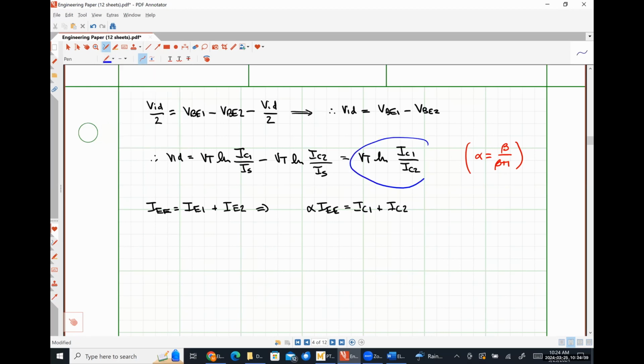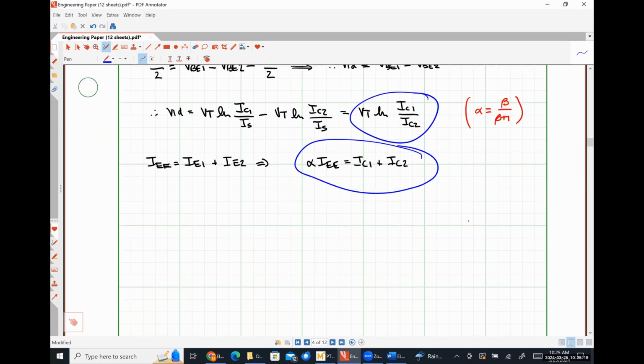We have this expression right here that relates our input differential mode voltage, our thermal voltage, and IC1 and IC2. And then we have this expression that relates alpha, a known quantity, our tail current, IEE, and IC1 and IC2. So we have two equations involving IC1 and IC2. Effectively, we can solve this system with some algebra to see what shakes out here.